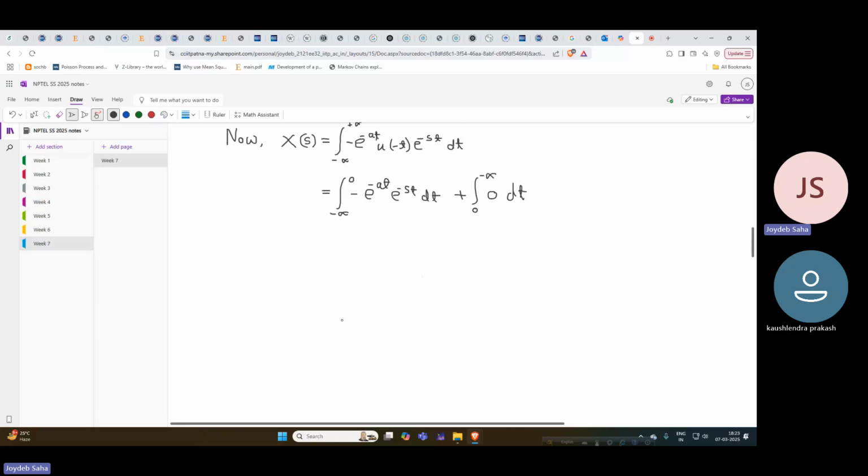Okay. So simply we can write this as the integral from minus infinity to 0 of minus e to the power minus (s plus a)t dt. Can we write this? Yes. Now it is very simple integration.